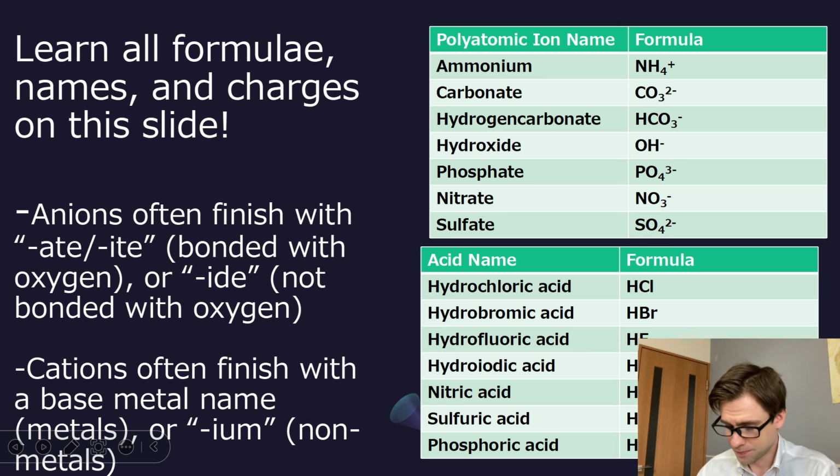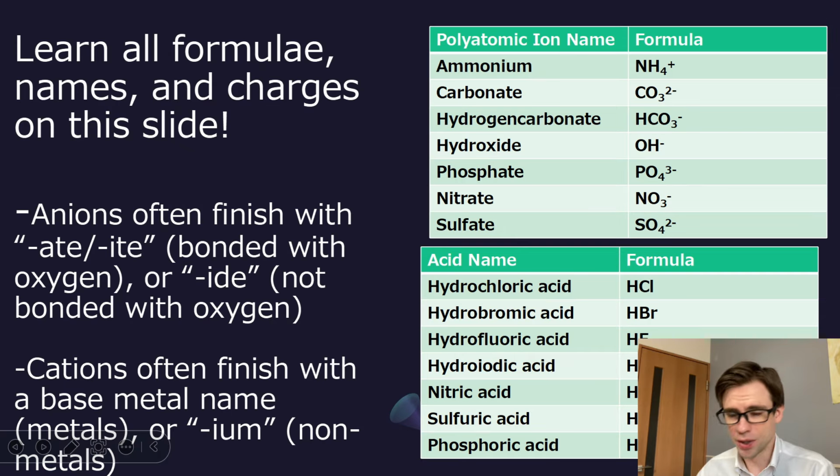Nitrate, NO3-. Sulfate, SO4 2-. Okay, the sooner that you can memorize this name, this spelling, this chemical formula, and this charge, the easier you'll have studying the rest of the content for this class and this topic, and chemistry in general.